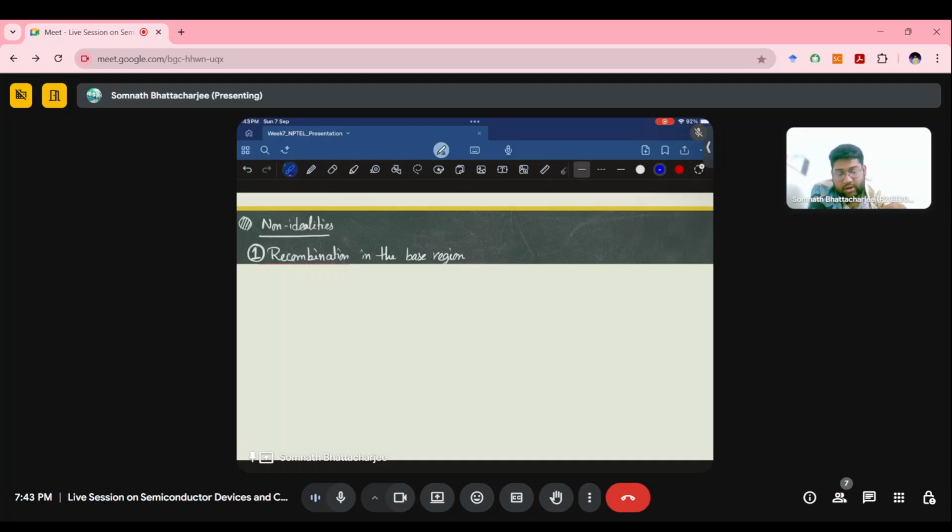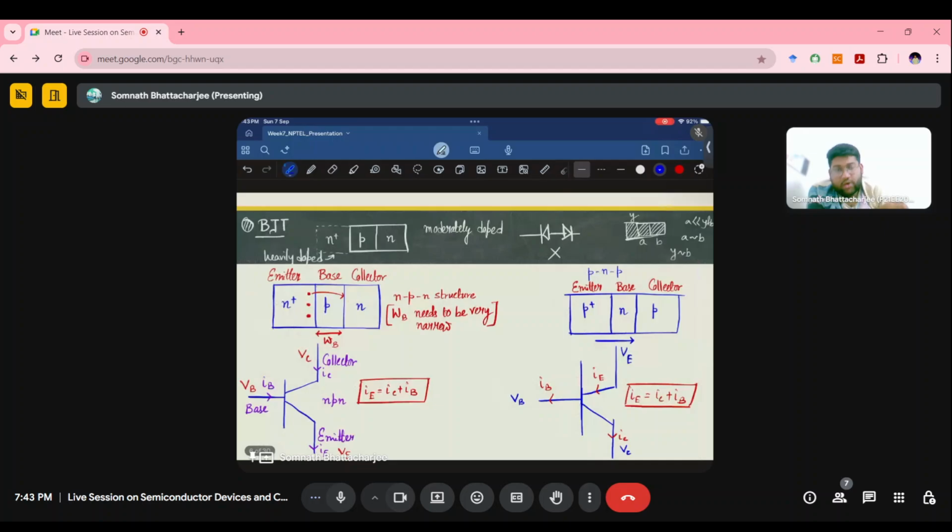At first, when we were constructing this NPN or a PNP transistor, there was a basic assumption. So at first, when we were considering making a BJT, a basic assumption was that the base width, that is WB, is very narrow.